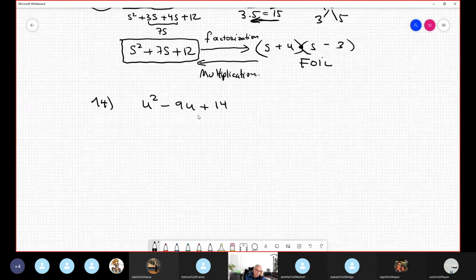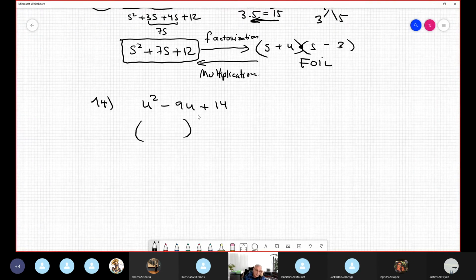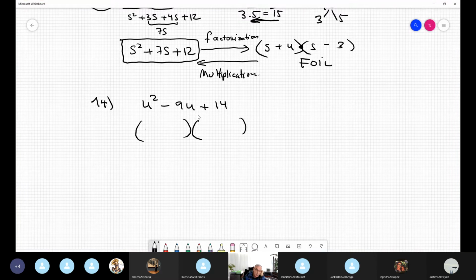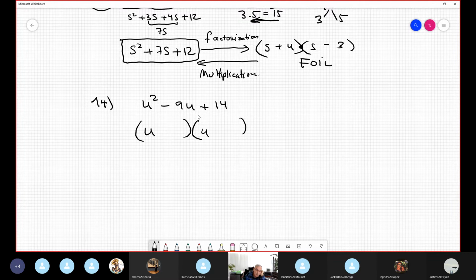I know I open two parentheses. I know the variable is u. Now the most important moment, find the combination. Find the key that opens the door. Try to find two numbers that multiply to give 14, and when adding or subtracting, give 9.